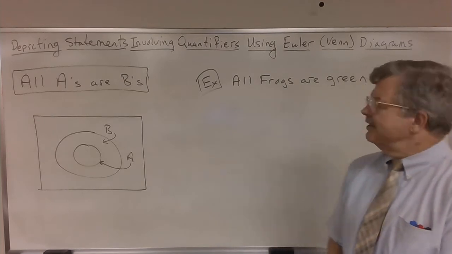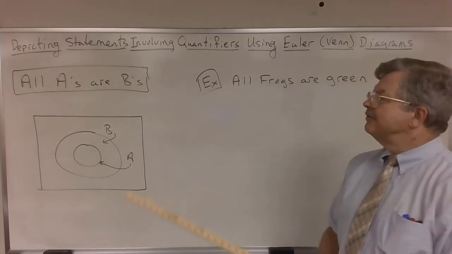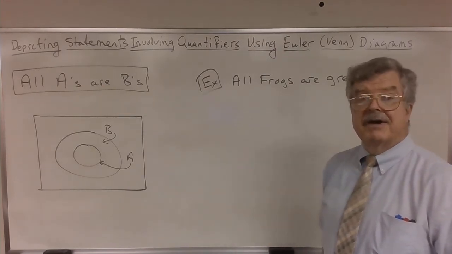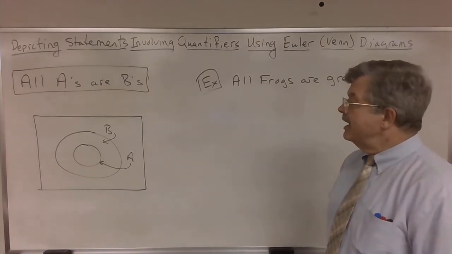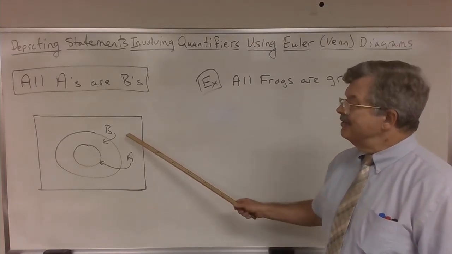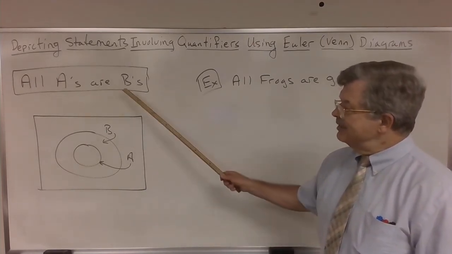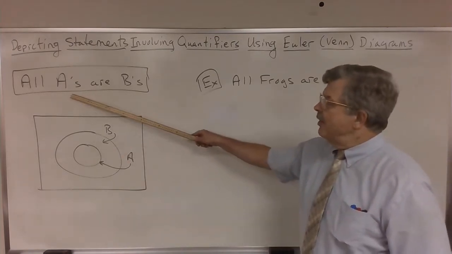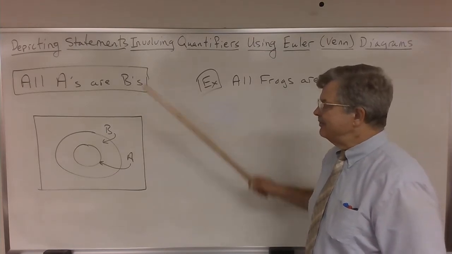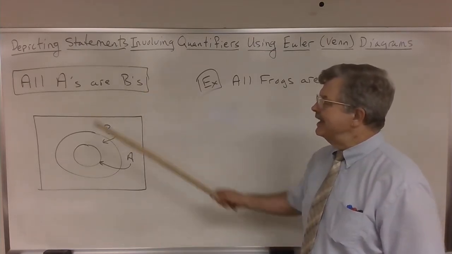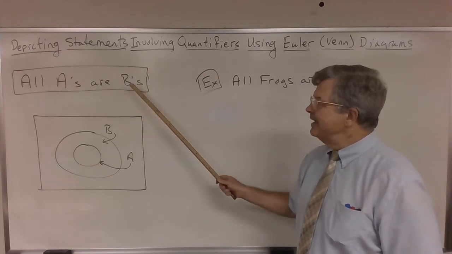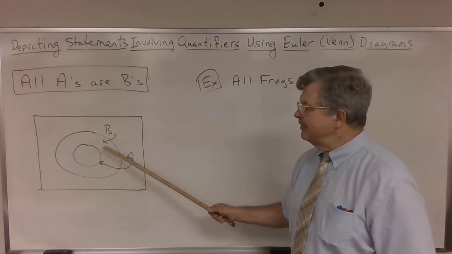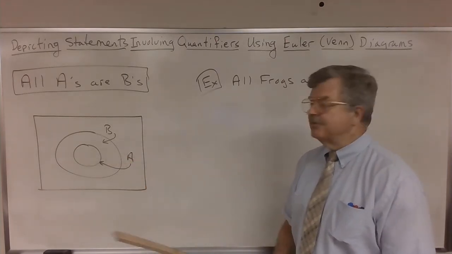I guess the first thing that we have to do is look at the different types of quantifiers and statements involving quantifiers and learn how to draw Venn diagrams that depict the situation. The statement all A's are B's essentially says that anything that is an A is also a B. So anything in the A circle is going to have to be in the B circle as well.